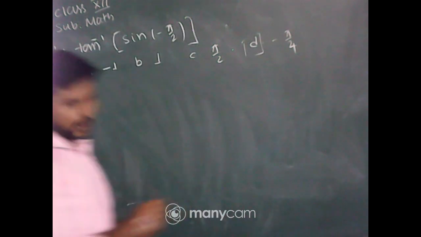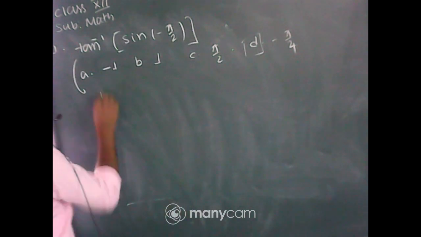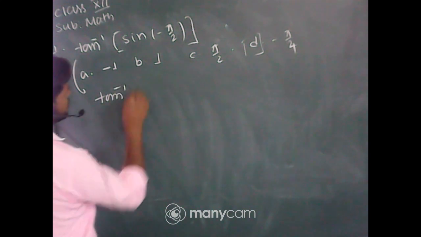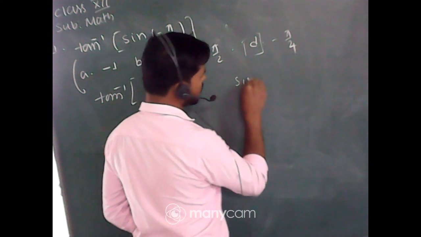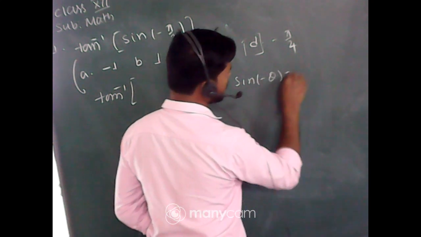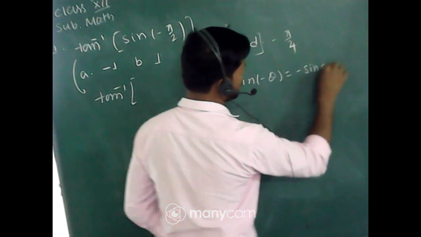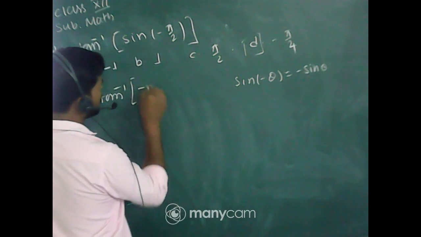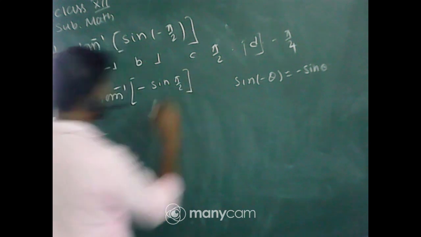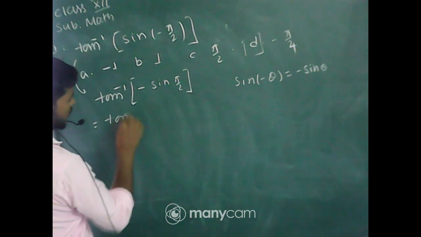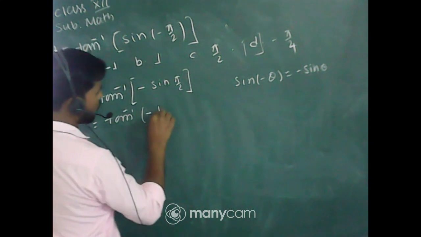Okay, let's see how. Now look, it is tan inverse. Now look, we can write sine of minus pi by 2. We know that sine of minus theta is equal to minus sine theta. So if I apply this, it will be minus sine pi by 2, and we know that the value of sine pi by 2 is 1.